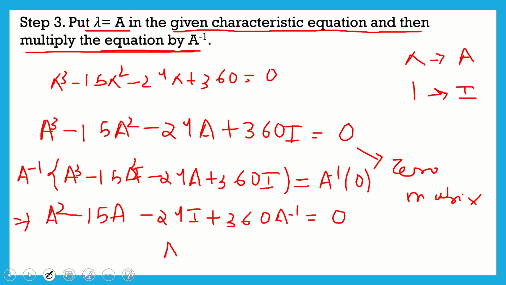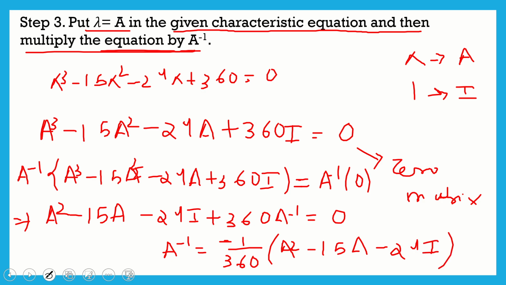Did we have space? No. Okay, here I am writing. If you solve it, this is the equation: minus 1 upon 360 I am keeping outside, and you will get A square minus 15A minus 24I.